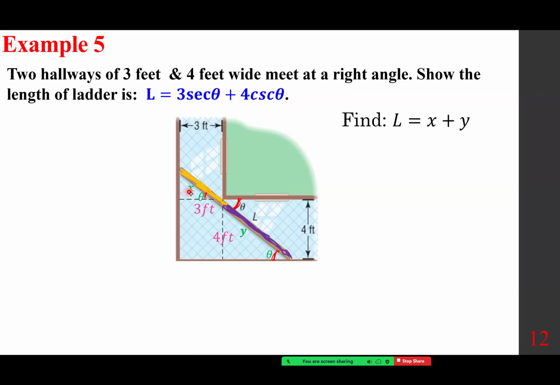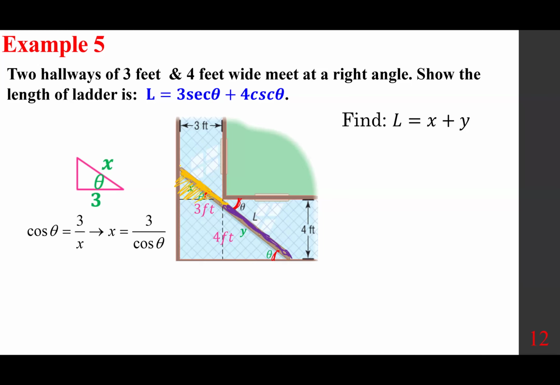So we are going to draw this. This is x, this is 3, this is theta. We want to be clear as to what's going on. So cosine theta is the adjacent, 3 over x.